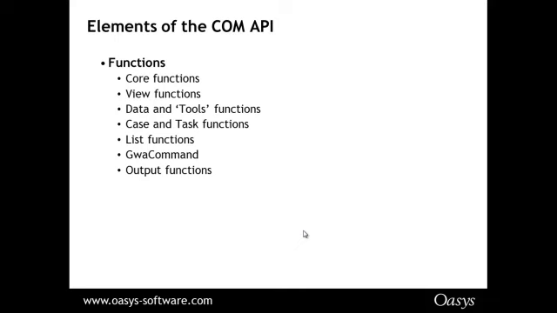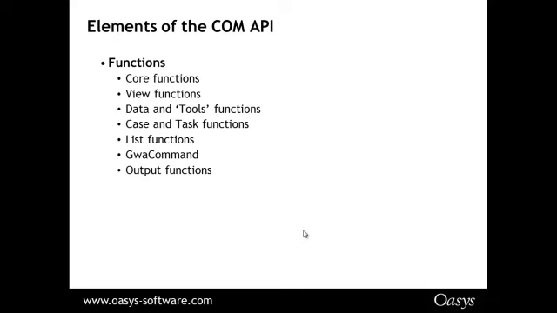The data and tools functions work only with a subset of the GSA data. So you can't create every object with the data and tools functions, and we've got the GW command for that, which I'll come to.